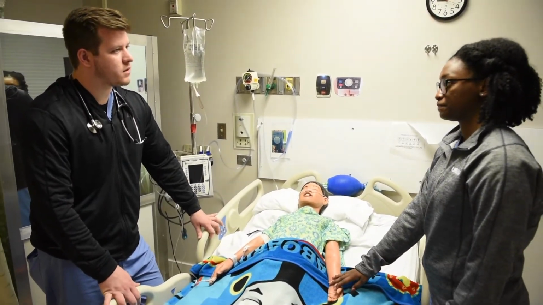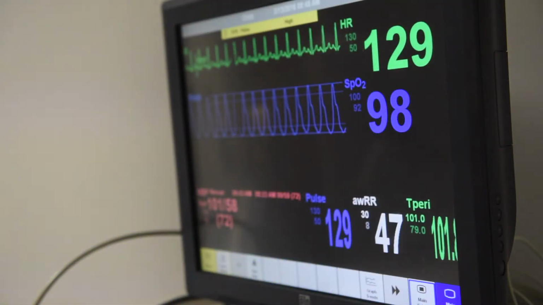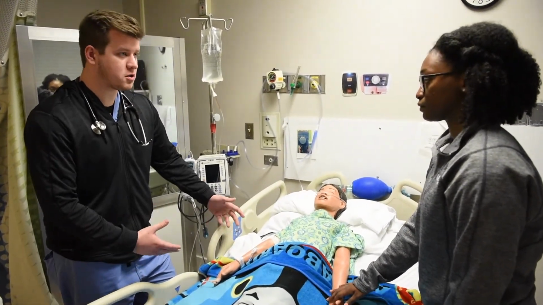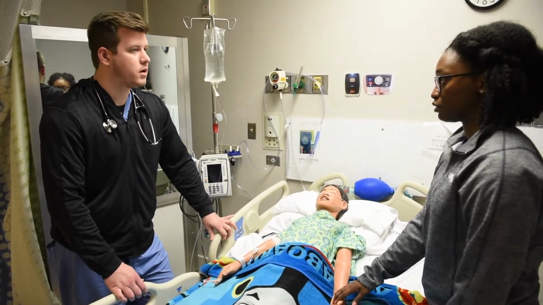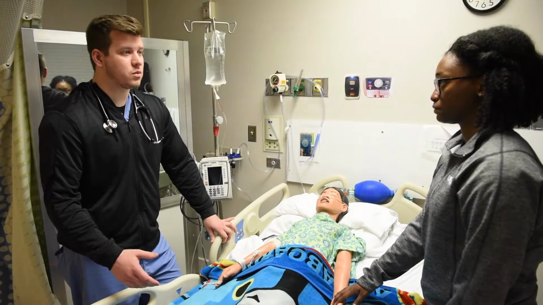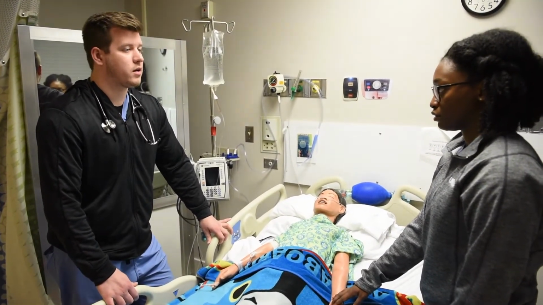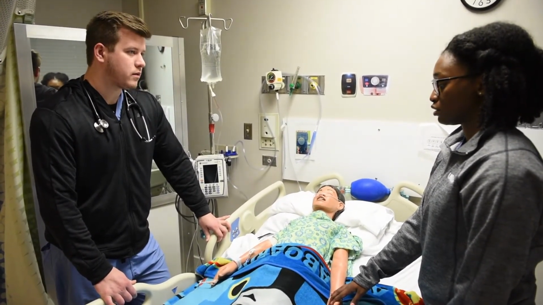So what we're doing is trying to figure out where the infection's coming from. Because of his vital signs, what they look like, and some other objective lab measures we've seen so far, he's triggered what we call a sepsis yellow protocol at the hospital. Because of that, the nurse put oxygen on him, and she put the O2 sat on his finger so we keep track of how well he's breathing. And that means what we're going to do next is give him a little fluid bolus and continue some fluids. We're going to start some antibiotics, and we're going to get some more lab work done. Do you have questions about anything?